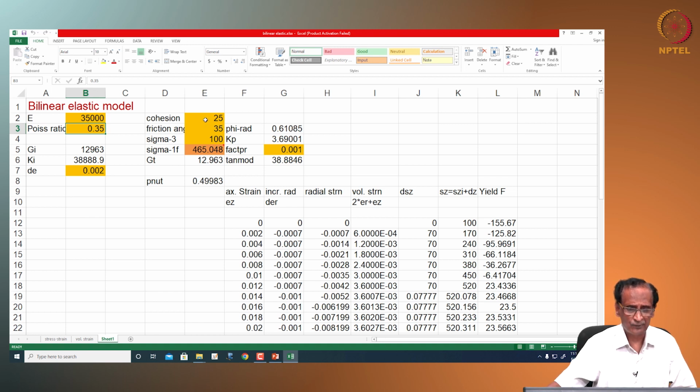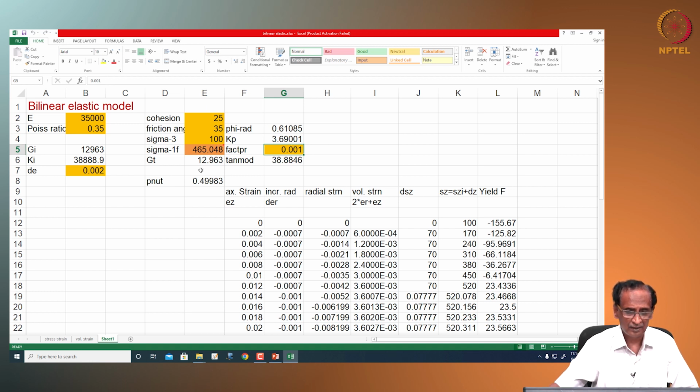Let us take a C of 25, the friction angle of 35 degrees, and the sigma 3 is 100, and the maximum axial stress is 465, and then let us apply axial strain in increments of 0.002, and the reduction factor for the shear modulus is 0.001.